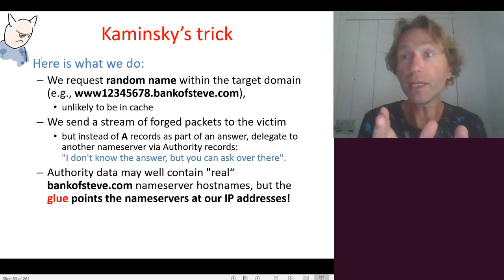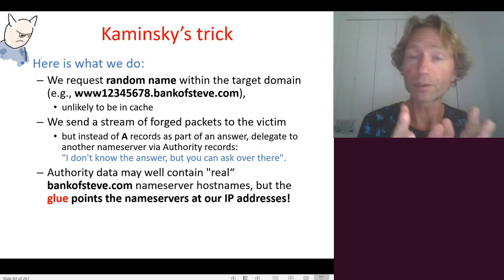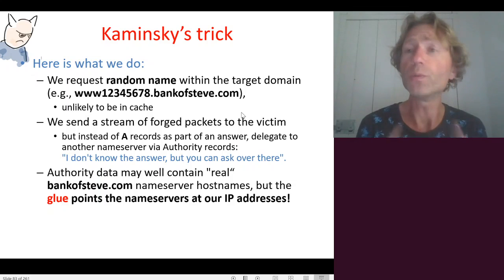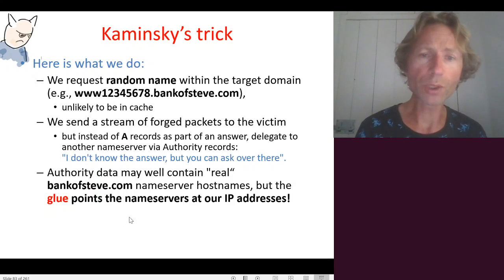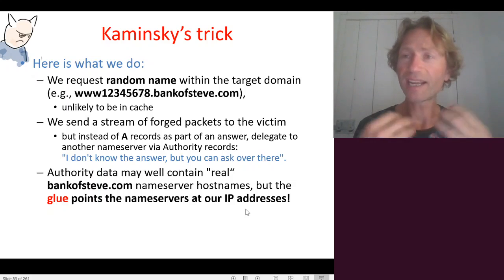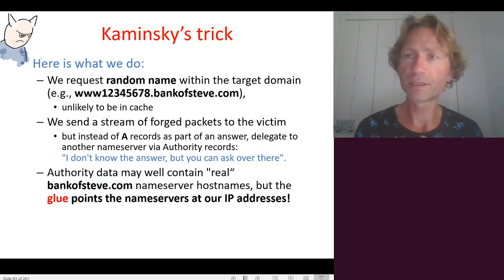Okay, and we can even give the correct name servers. So we can even give the names of the real name servers of the domain bankofsteve.com. But what we're going to do in the glue records is provide the wrong IP addresses for those name servers. So the glue records point the name servers at the attacker's IP addresses.